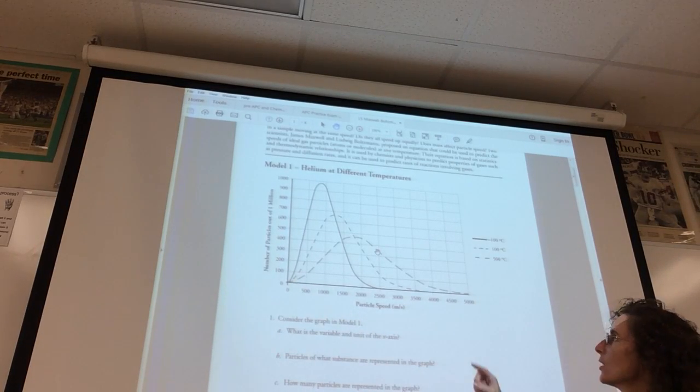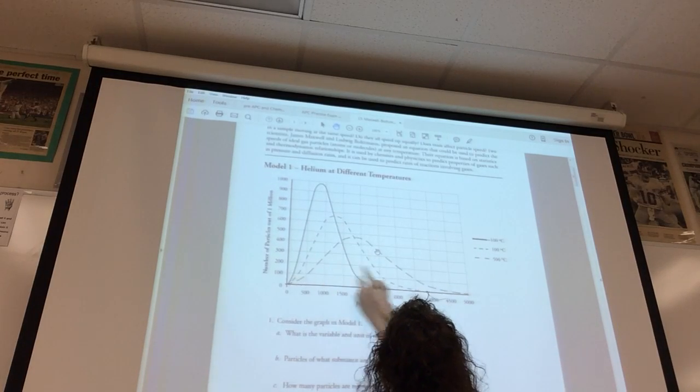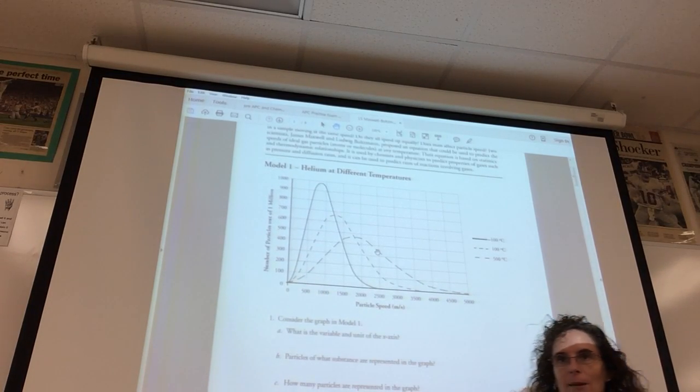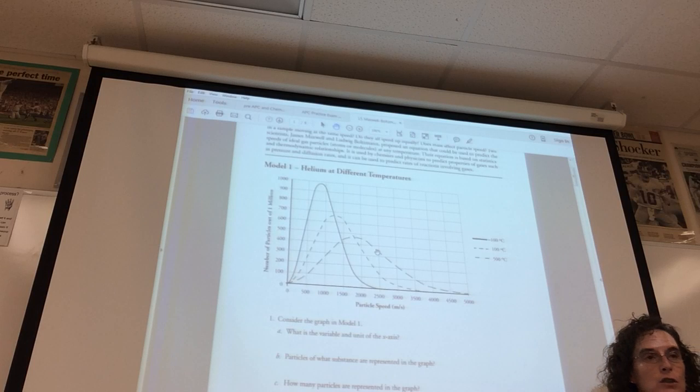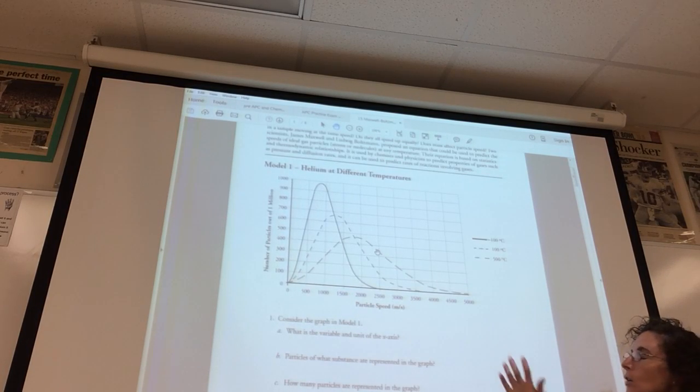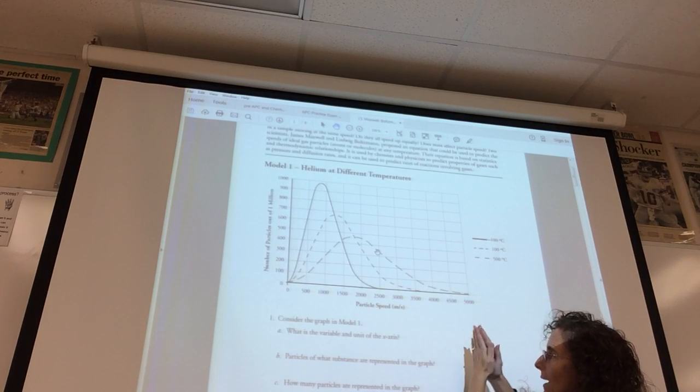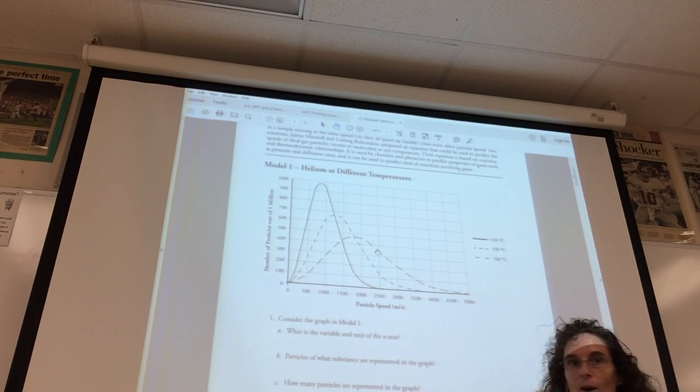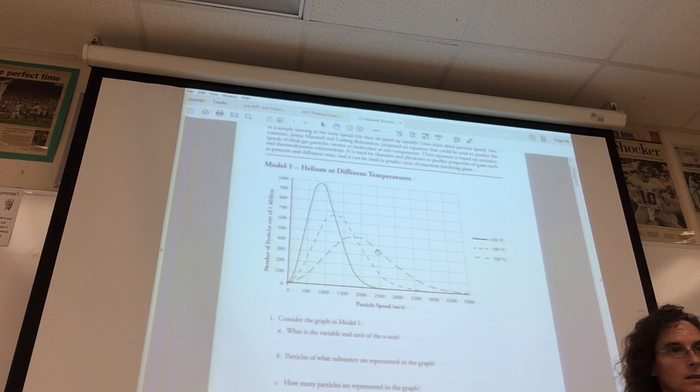So is the area under each curve the same? Yes, it is. As more particles achieve this faster speed, the curve moves to the right but flattens out to maintain the area. It's melted ice cream.